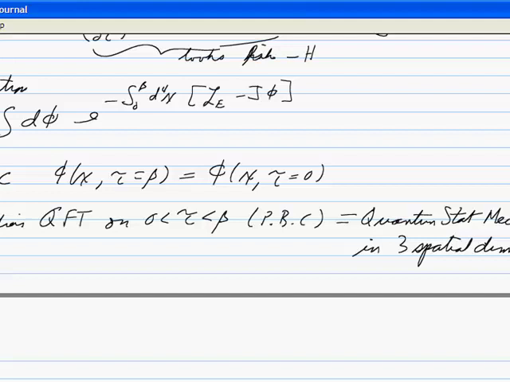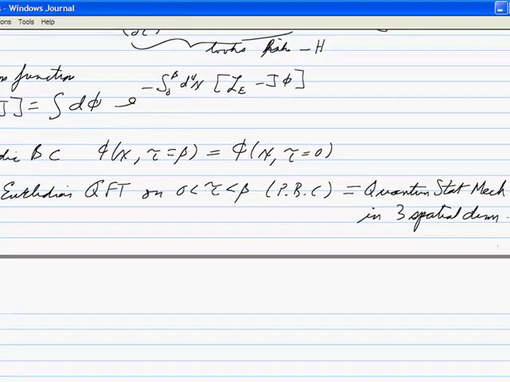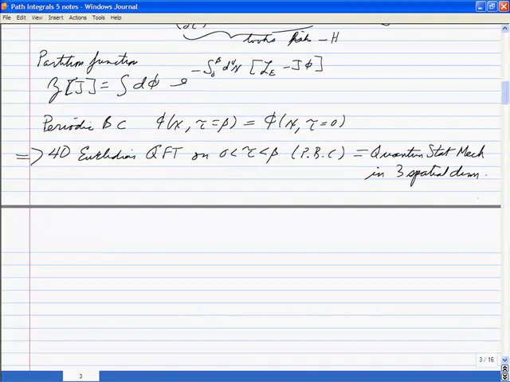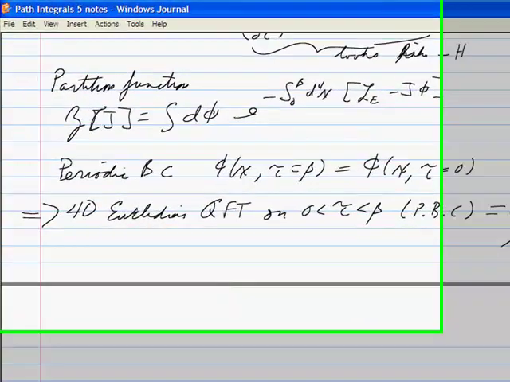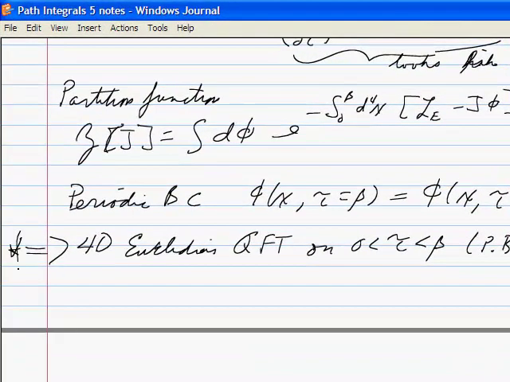Remember, time is not an important variable in stat mech because everything's equilibrium. So time doesn't play any role. So the only thing that you need are the 3 spatial dimensions. Tau, the time variable, has turned into the temperature. It's an amazing equivalence.